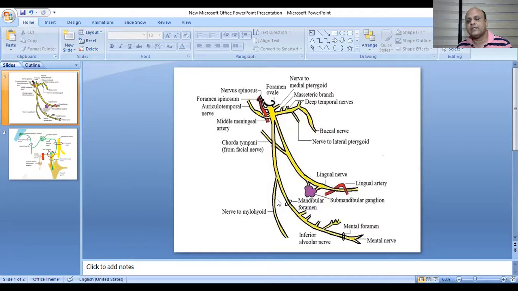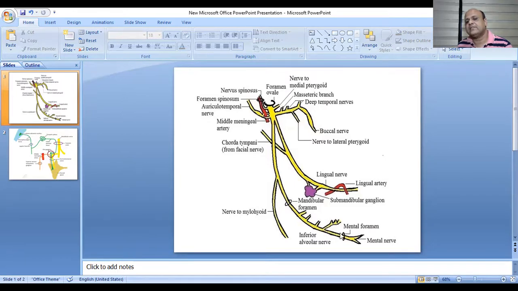So the motor component of the posterior division of the mandibular nerve is carried into the nerve to mylohyoid. So once this inferior alveolar nerve enters into the mandibular canal, it supplies the lower teeth.